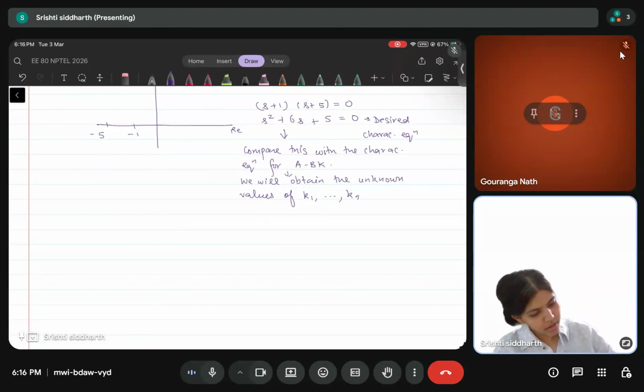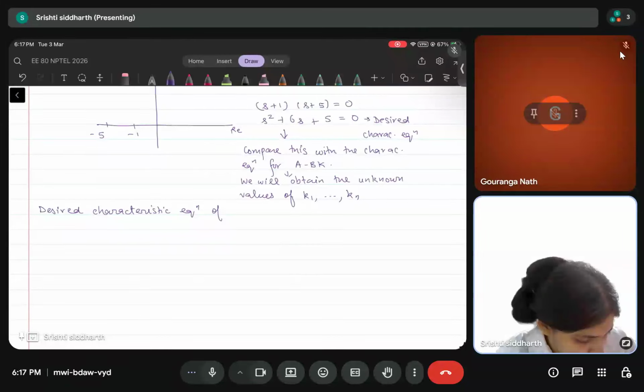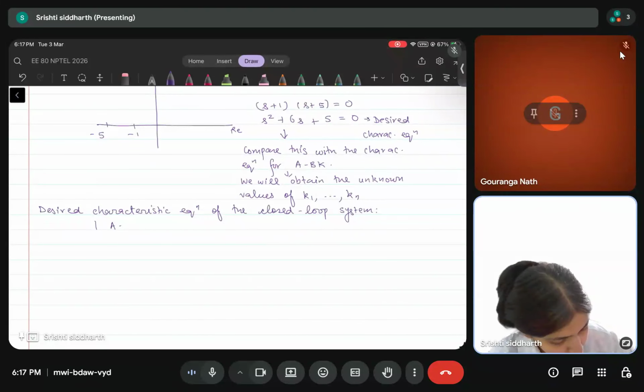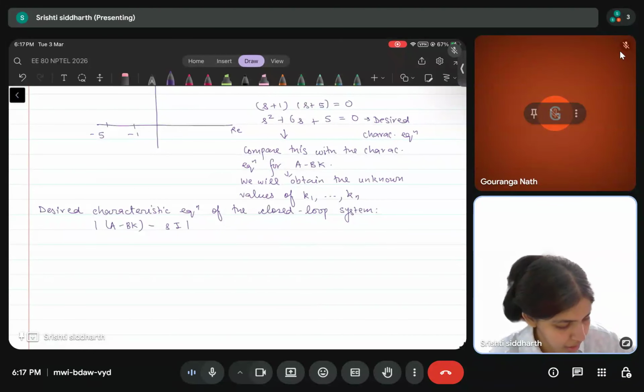The characteristic equation of the closed loop system is the determinant of (A minus BK minus sI), or lambda I, equals 0.